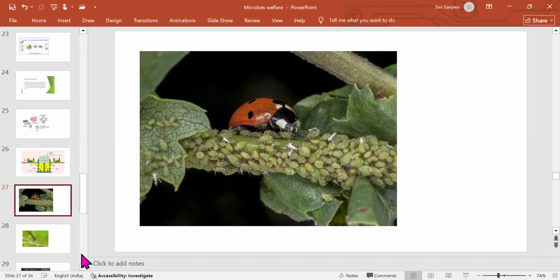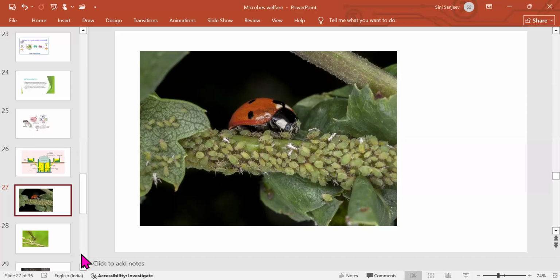Now, the next one is about the biocontrol agents. So biocontrol agents means what? Bio means living, right? So using a biological method, you basically control the plant diseases or pests which can harm your field or field crops, right? So let's see one by one.